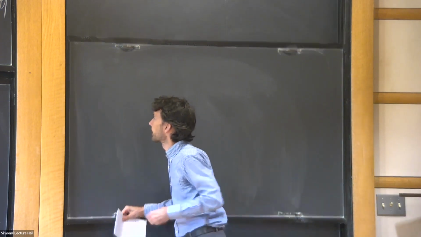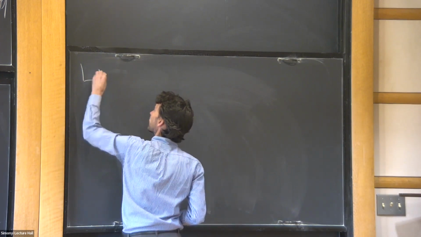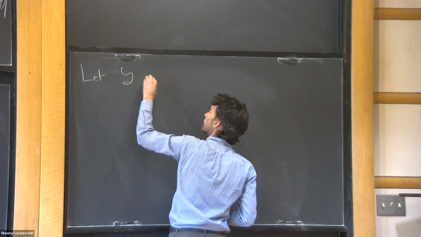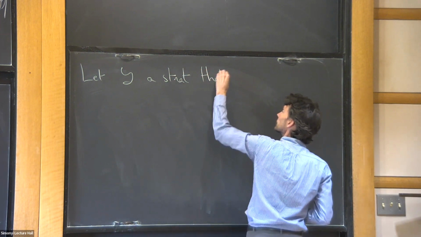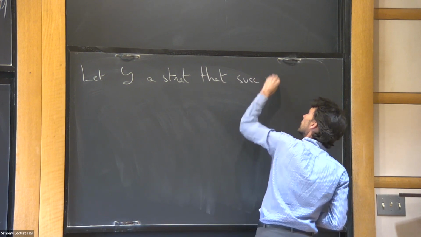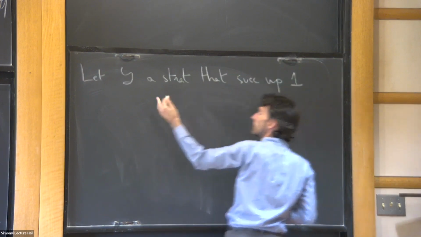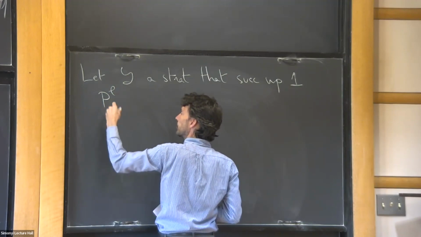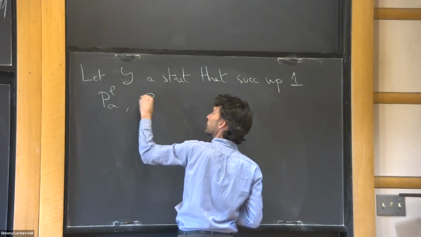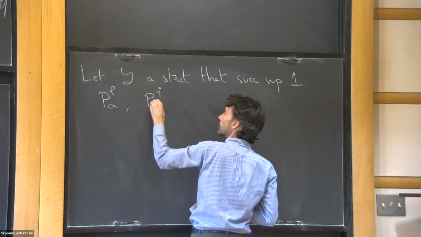So let's take a strategy S that succeeds with probability 1. The strategy is given by a bunch of projective measurements. So there are the P^L_A's, and then there are also the P_i's, let's call them P_i^b.